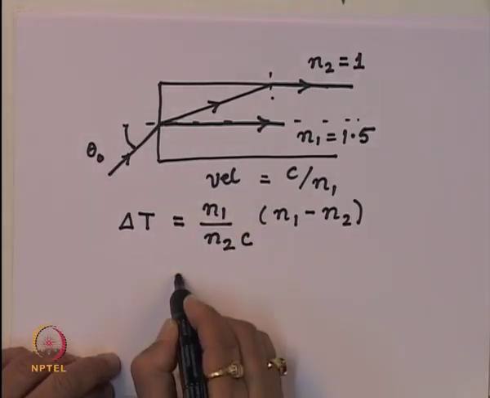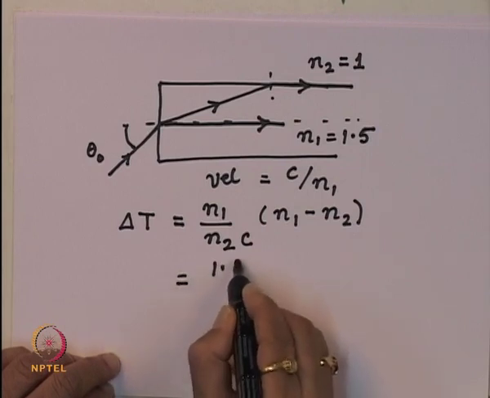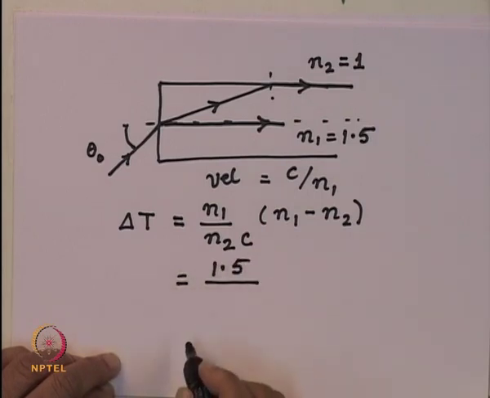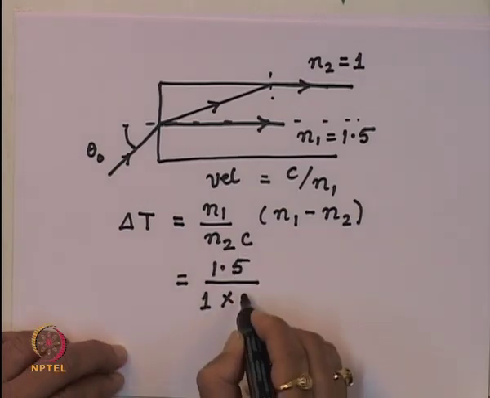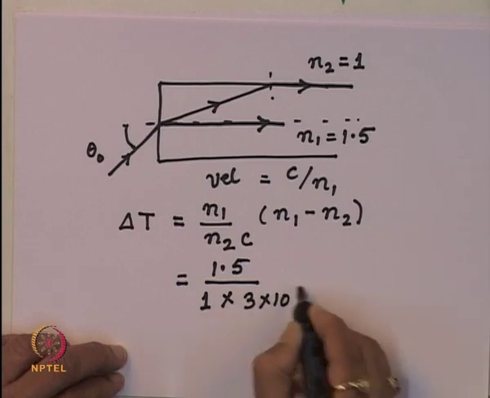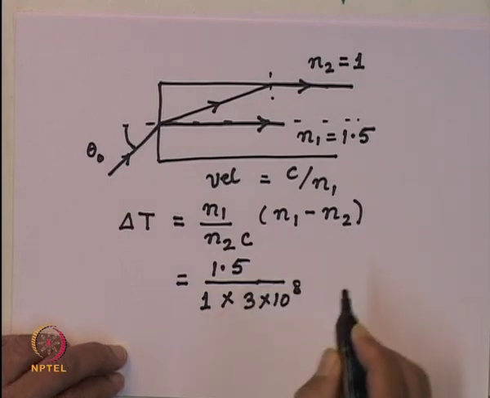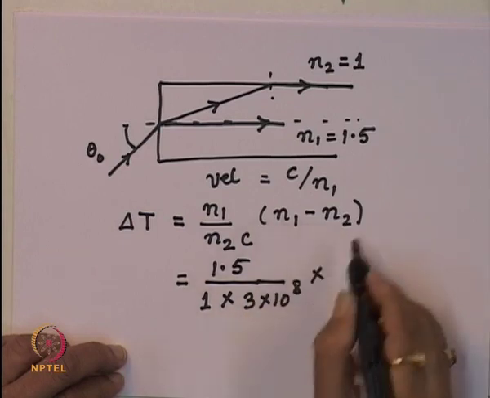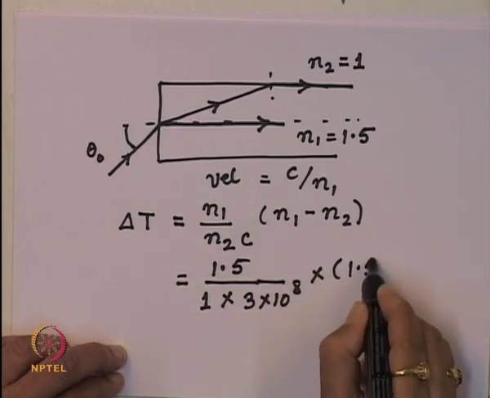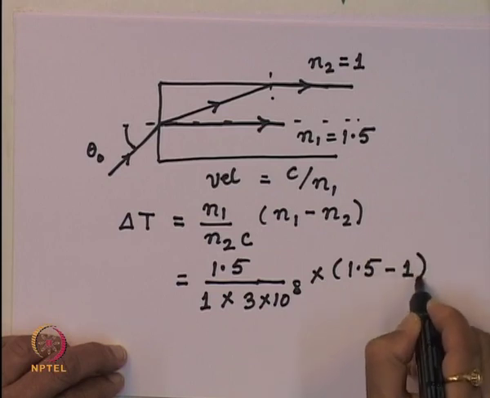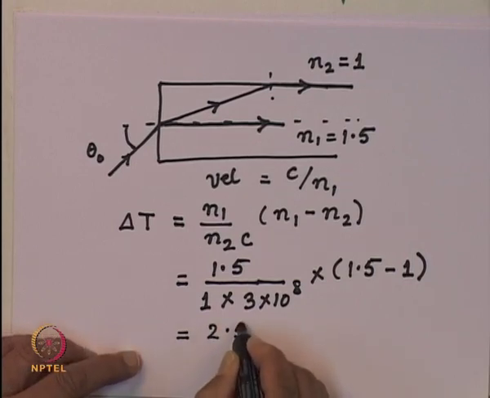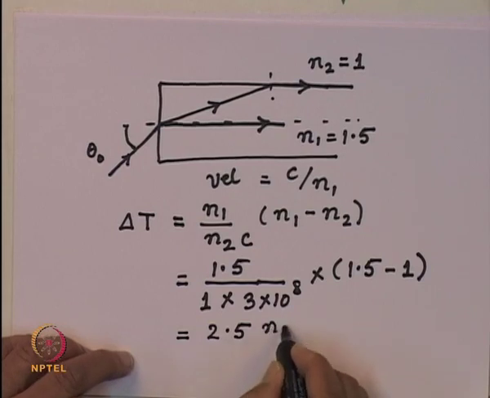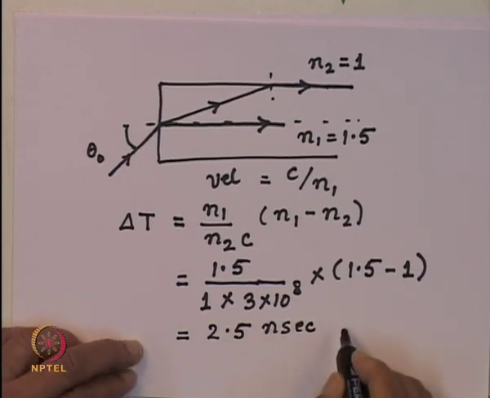So, that gives us the time difference is 1.5 divided by n2, which is 1, multiplied by the velocity of light c, which is 3 into 10 to the power 8 meters per second, multiplied by n1 minus n2, which is 1.5 minus 1, which is equal to 2.5 nanoseconds per meter.